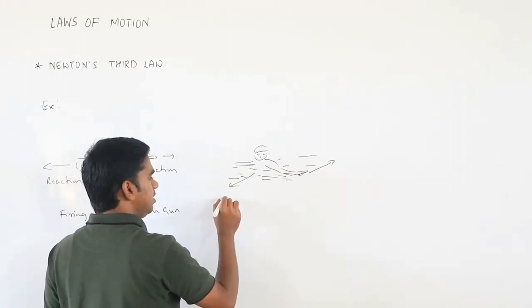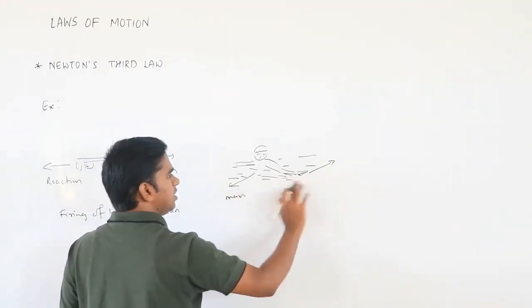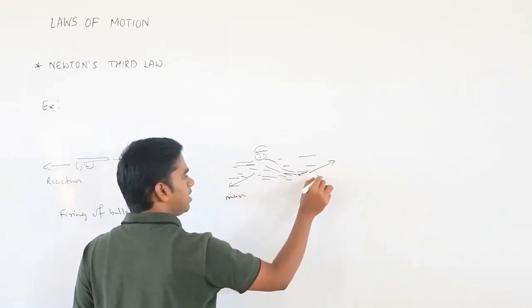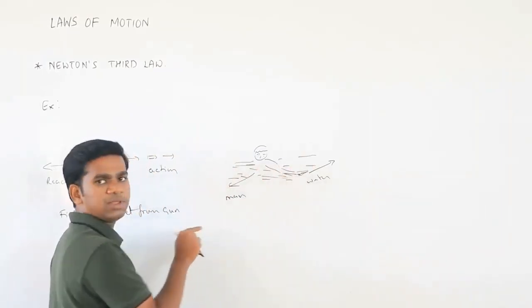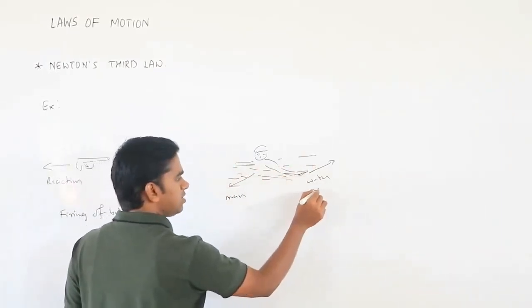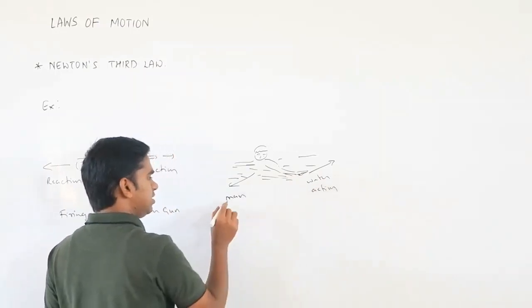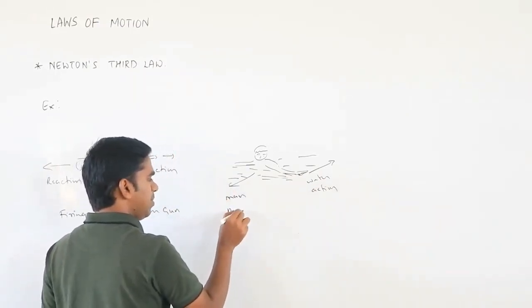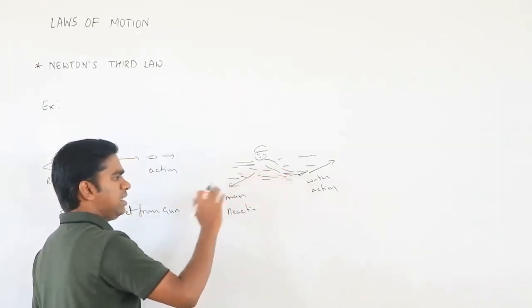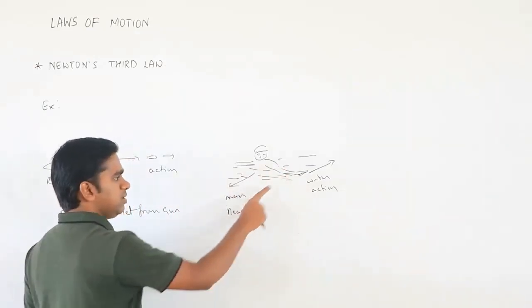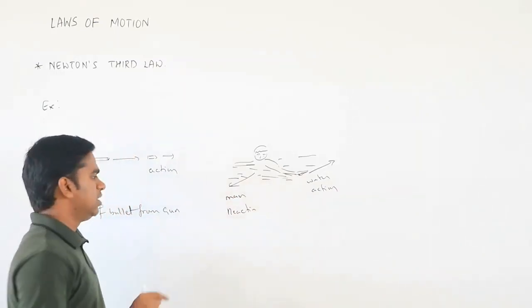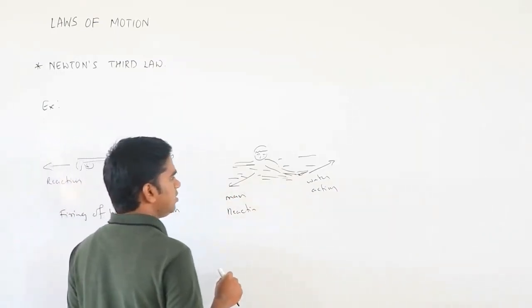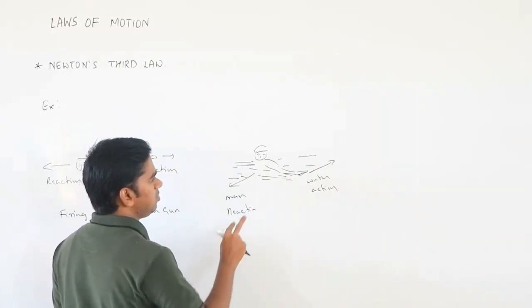That is the man moving in the forward direction. He is pushing water in the backward direction. So action will be on water, reaction will be on the person. Action is on water, but reaction is on the man. That means they are acting on two different bodies. Action is acting on water and reaction is acting on the man. So the second condition is they should be equal and opposite.